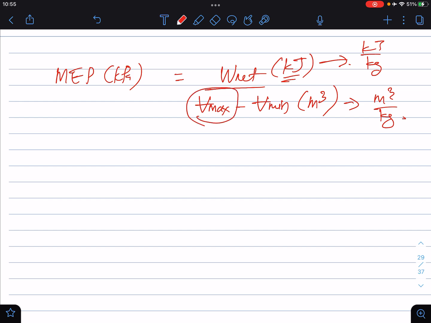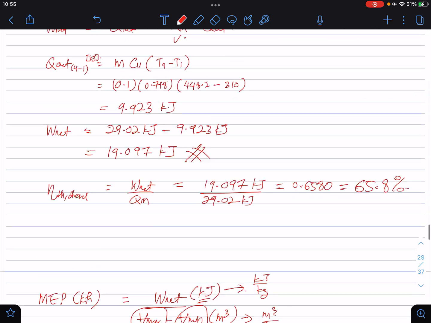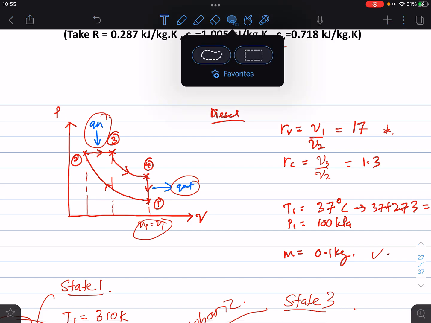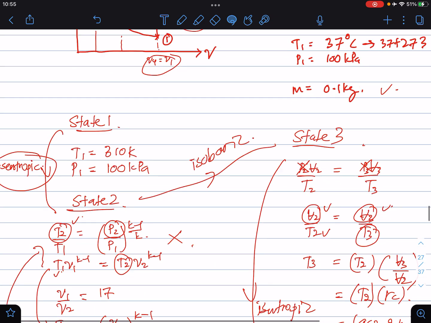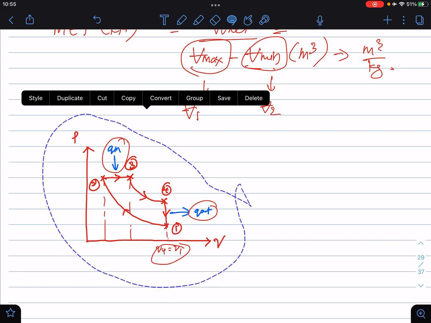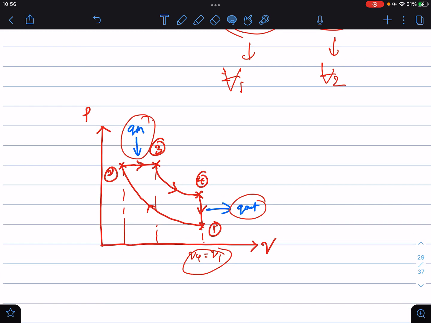So how to find V max and also V minimum? This represents your V1, this represents your V2. If you recall the diagram here, the position of V1 is here at state number 1, while the position of V2 is the minimum volume.